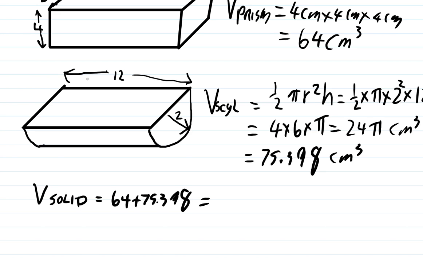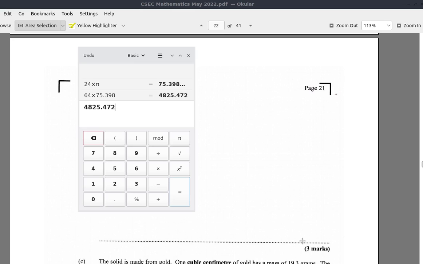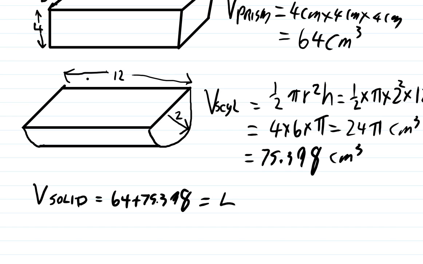Alright. Oh no, what did I do? Multiply? Oh man, I should add. That was my mistake. I was thinking, how is the number so big? 139, call it 139.4. So it's 139.4 cm cube. 139.4 cubic centimeters. See that?